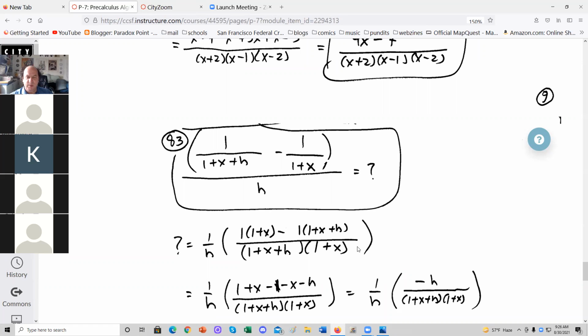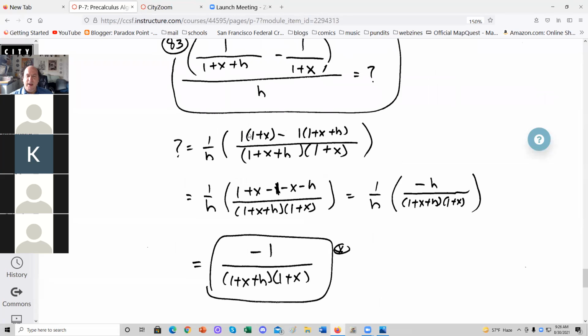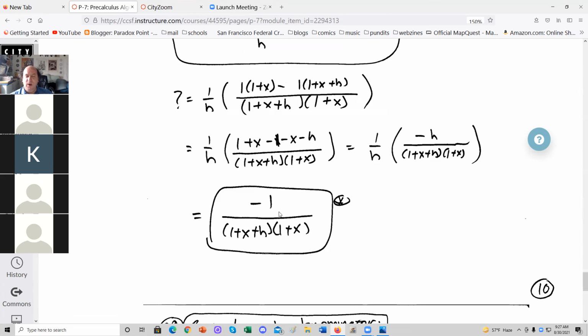So it's 1 over h times all this other stuff. 1 times 1 plus x minus 1 times 1 plus x plus h over 1 plus x plus h times 1 plus x. And okay, we expand, distribute the minus, cancel the 1s, cancel the x's. 1 over h times negative h over 1 plus x plus h times 1 plus x. Cancel the h's, and we're left with negative 1 over 1 plus x plus h times 1 plus x.